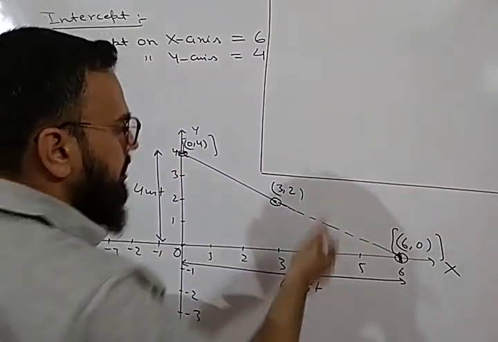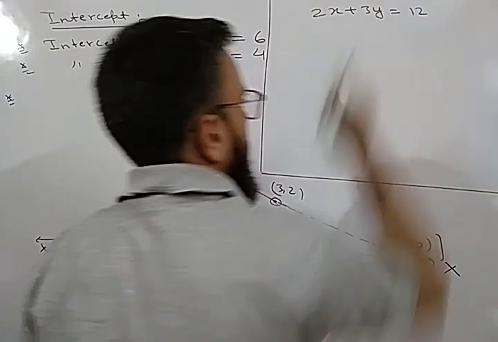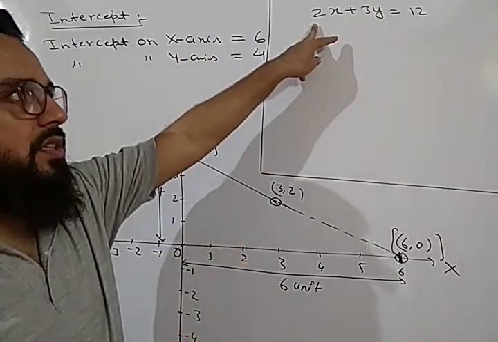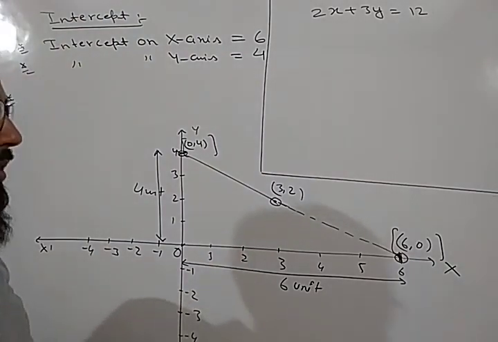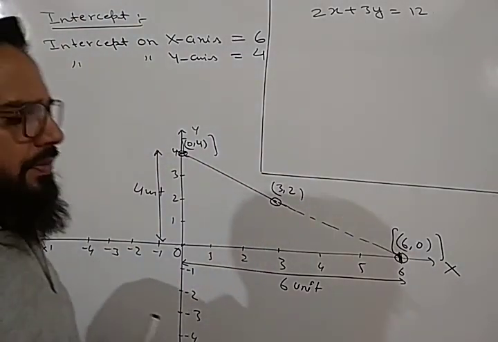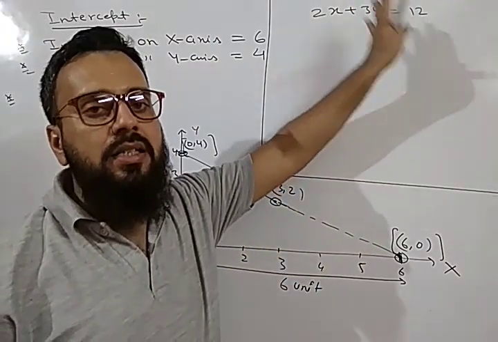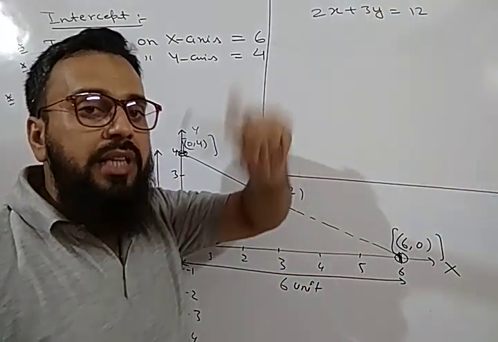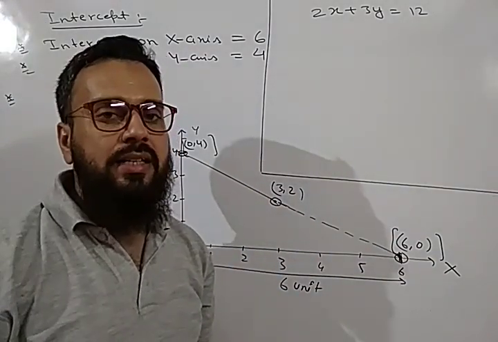So what was the equation? The equation was 2x plus 3y equals 12. We have drawn the graph of this equation and found the intercept on the x-axis and y-axis. Now, if we have to find the intercept on the x-axis as well as on the y-axis without plotting the graph, then how will you find it?